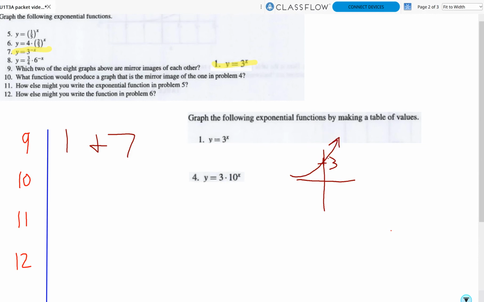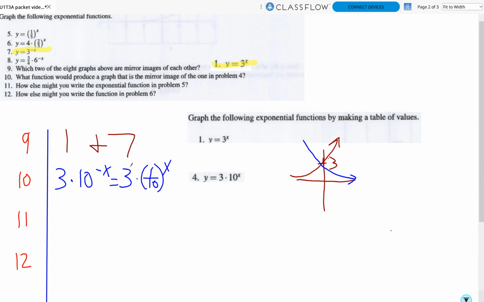To get a mirror image to that graph, I still want it to go through 3. So 3 times 10 to the negative x power. You can also write that as 3 times 1/10 to the x power. 10 to the negative x is the same as 1/10 to the x power.